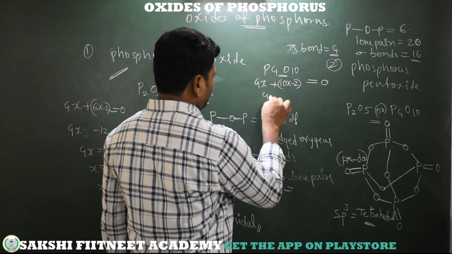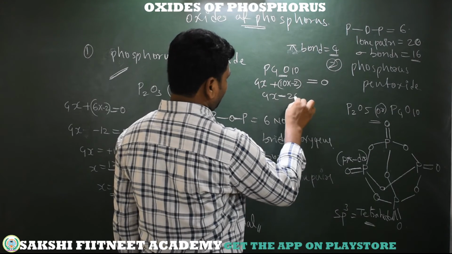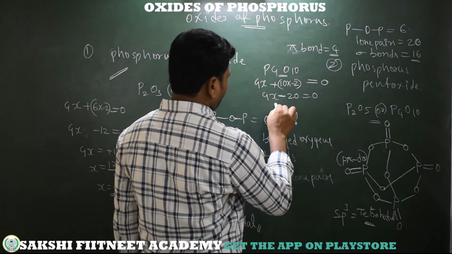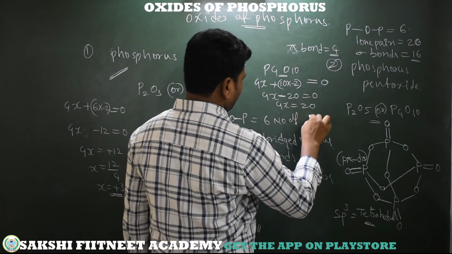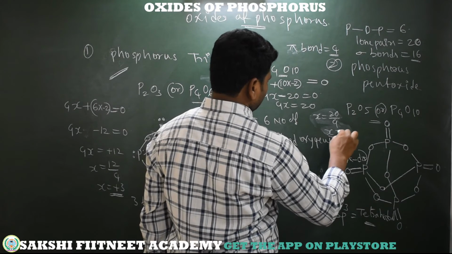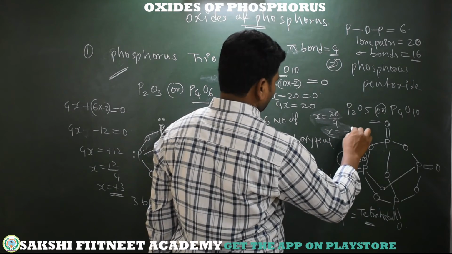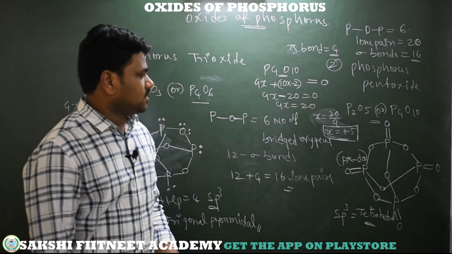So now it's 4x minus 20 equals 0. Now 4x equals 20, so x equals 20 by 4, the final oxidation state is plus 5.